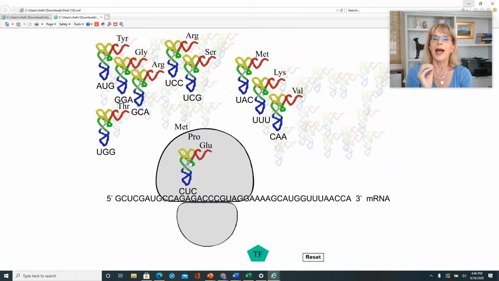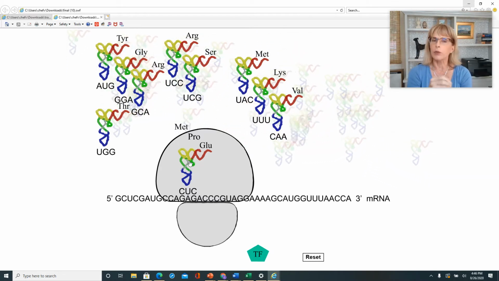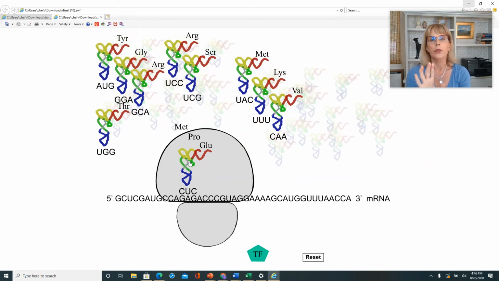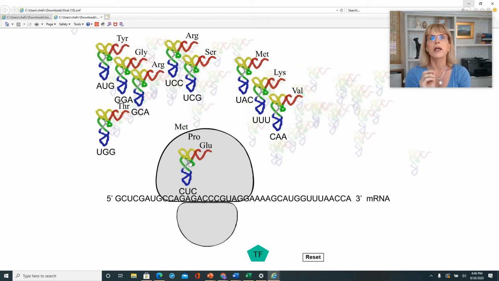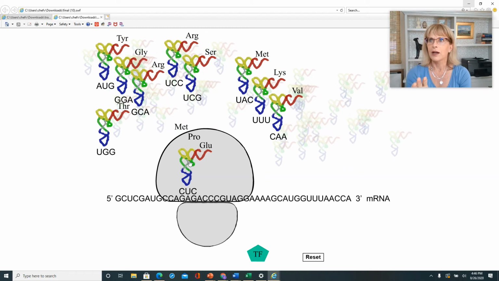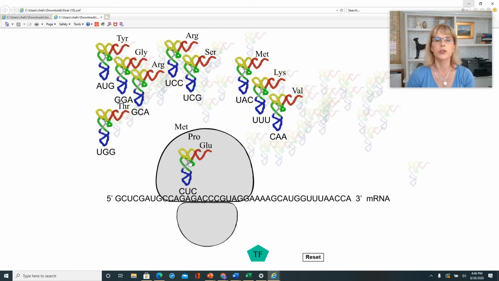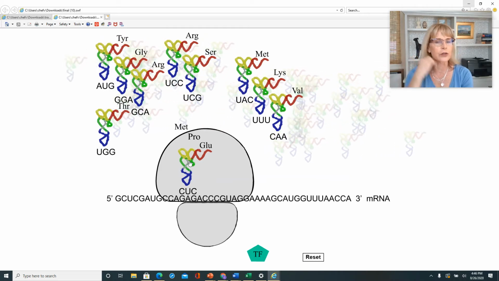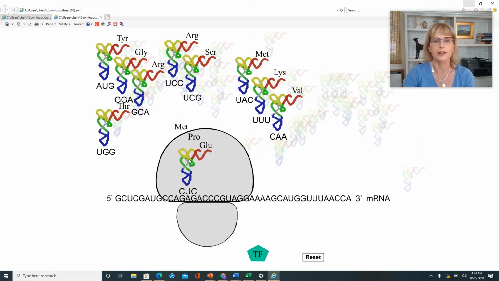By the way, a mutation that would make it so that a transfer RNA is not carrying the proper amino acid would be so dire that it never creates a living organism. So you will never see that mutation in life because it kills every cell that has it.